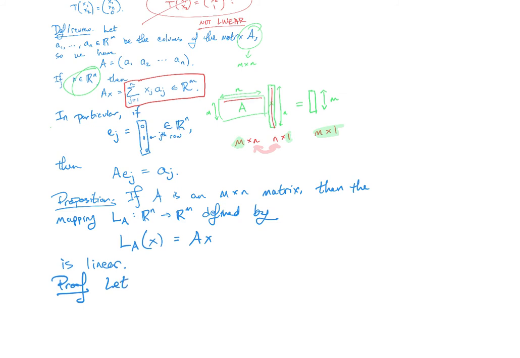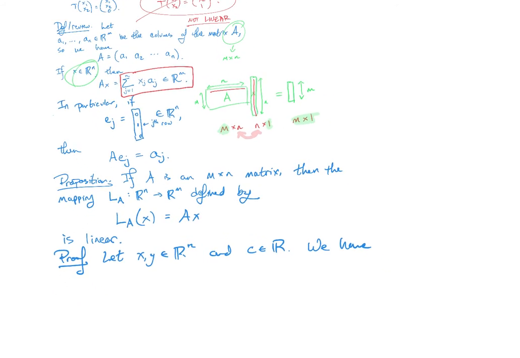But okay, let's let x and y be vectors in Rn, and let's let C be a scalar. Then we have LA of Cx plus y is, well, it's A times Cx plus y.